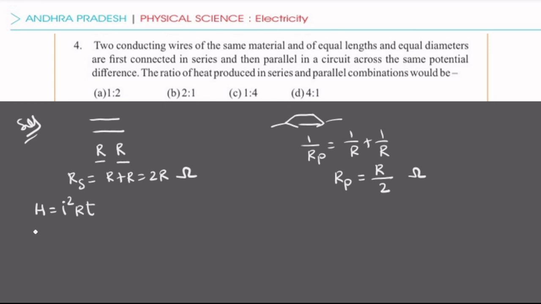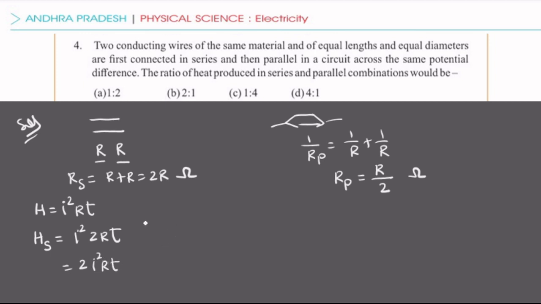So first of all, when the resistances are in series, what is the heat produced? I square. See, when the resistances are in series, the equivalent resistance is 2R, so I will write 2R in place of R, and T. So this will become 2 I square RT.